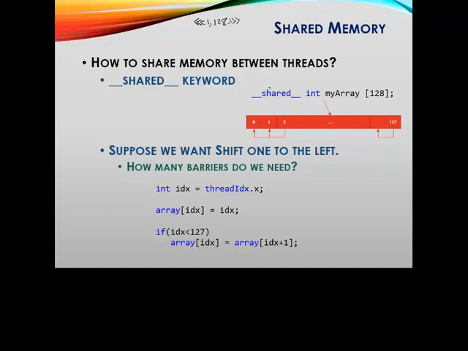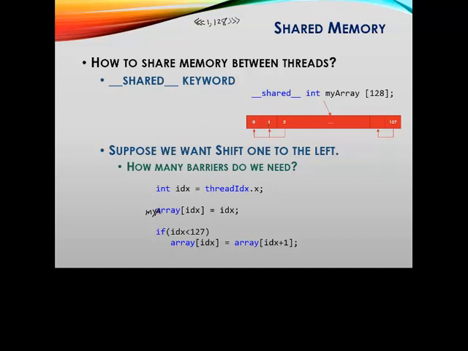In this block, I'm creating a shared memory array of integers with 128 elements in it. Then each thread calculates its own index by looking at threadIdx.x, and writes its index into the shared array. Actually, here I called it my array, so let's correct this. This is going to be my array.